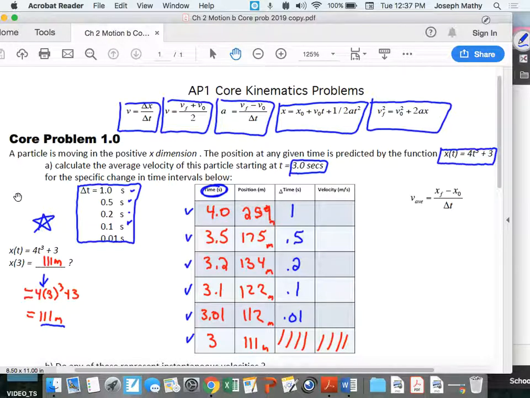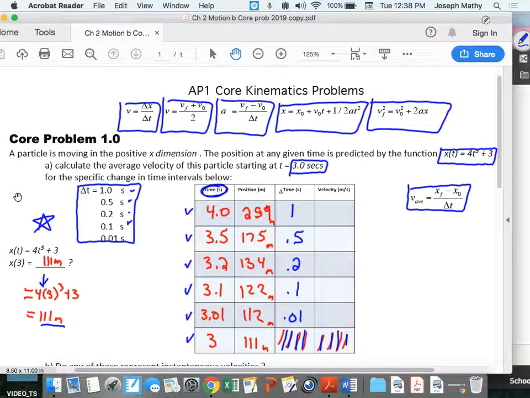Because we learned from graphing and from our reading that the average velocity is a final position minus an initial position over time. Well, look, this one, the bottom one, you can't even do a change in time because 3 doesn't change from itself. So we can't even find a velocity.